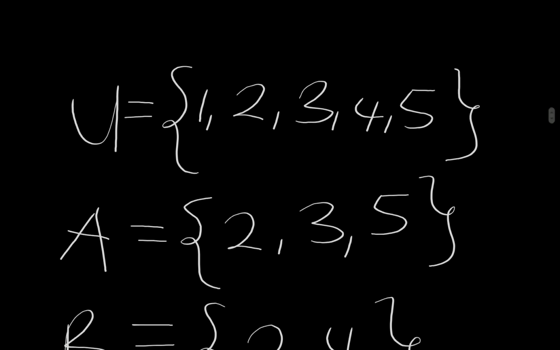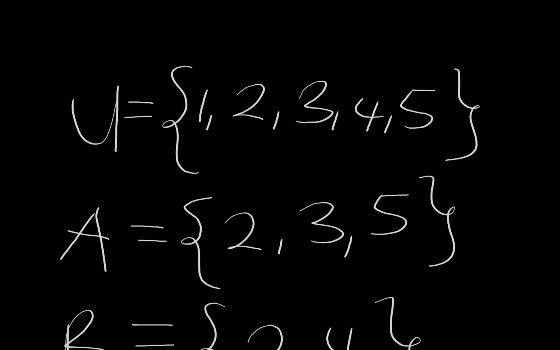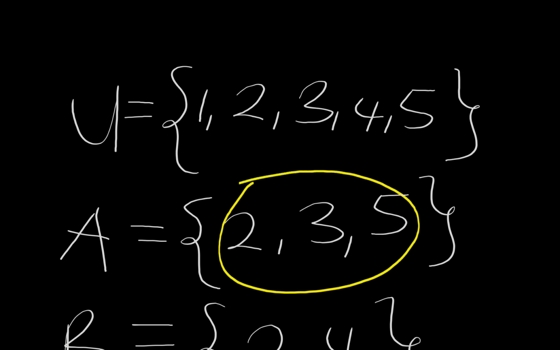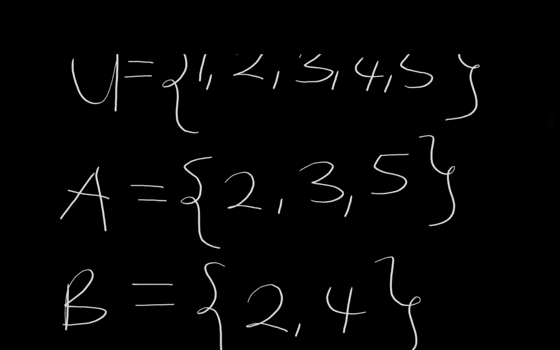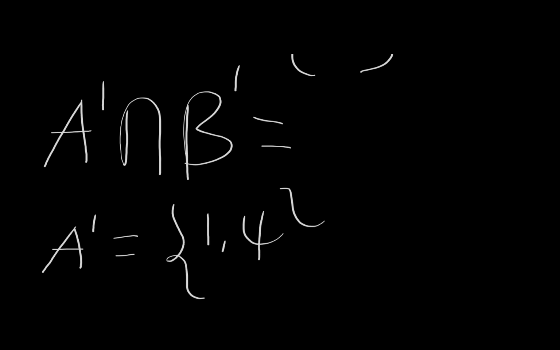So clearly, 1 and 4 are the only elements that can be found in the universal set but cannot be found in set A. Hence, A' will be equal to 1 and 4.